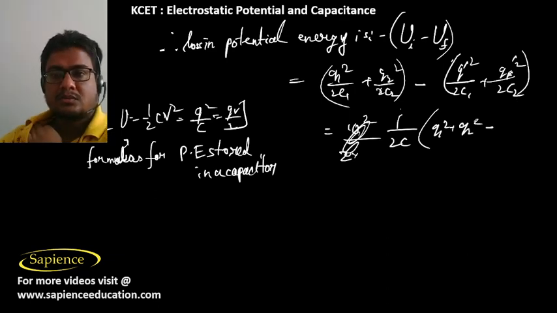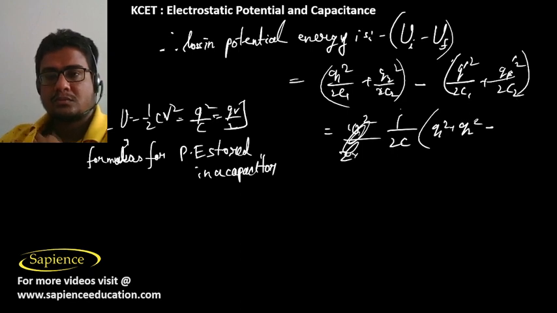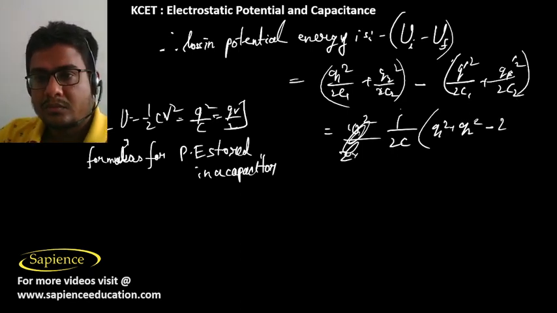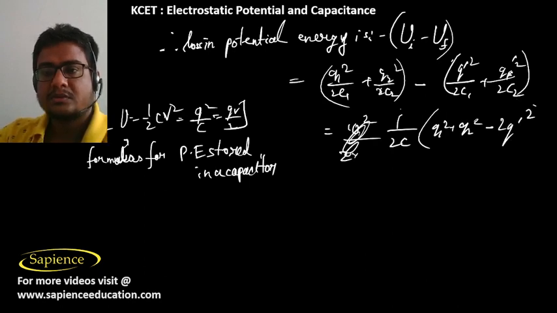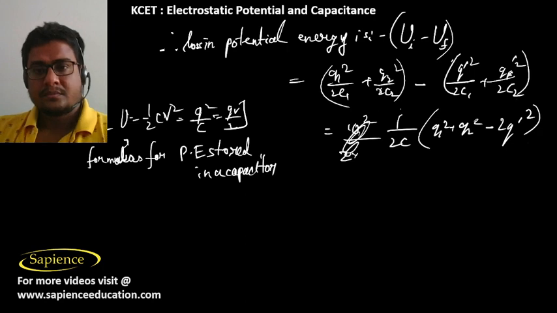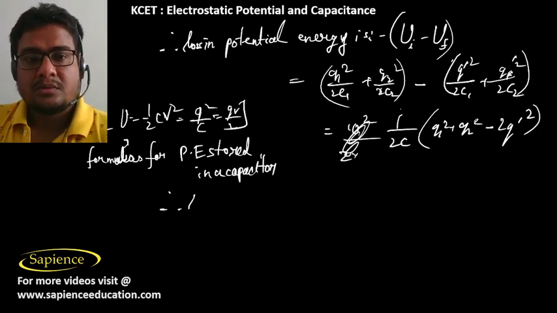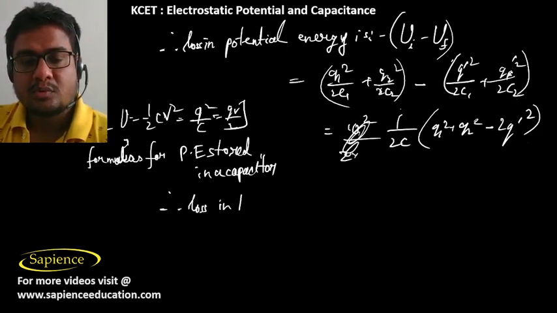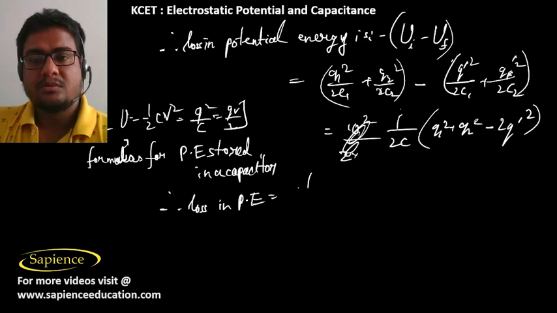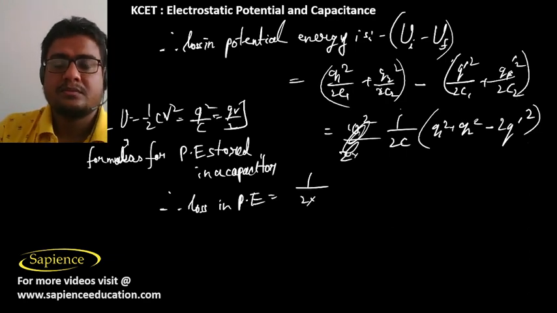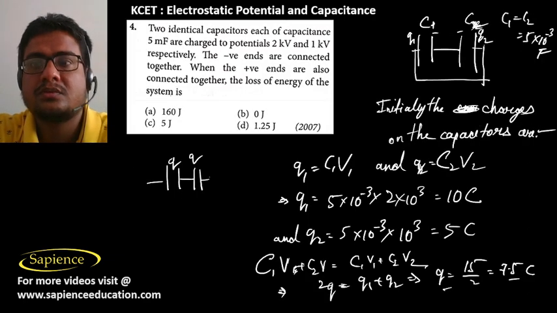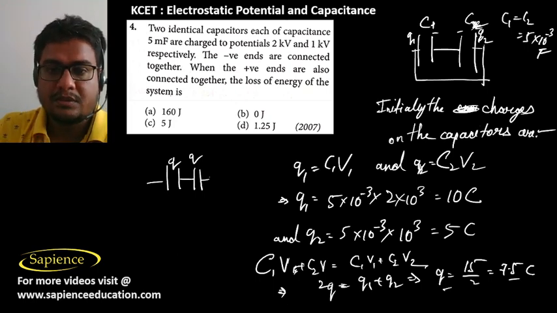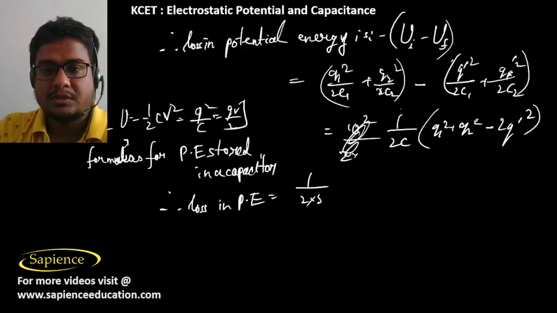For potential energy, it will be C by 2C, 5 into 3.